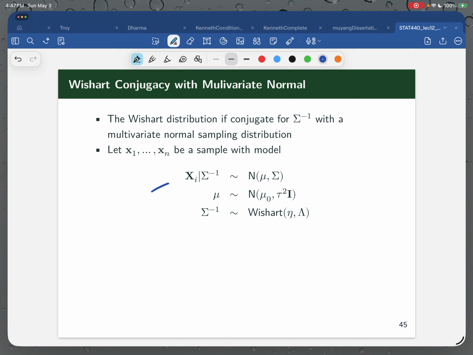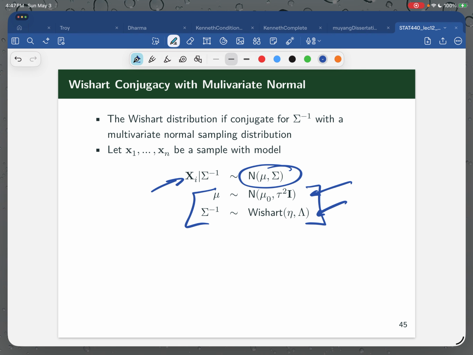This is just saying our data, given the value of sigma, is distributed normal mu sigma. Down here are our priors. The prior on mu should look familiar. We've put normal priors on mu before. The prior on sigma inverse is our Wishart prior.